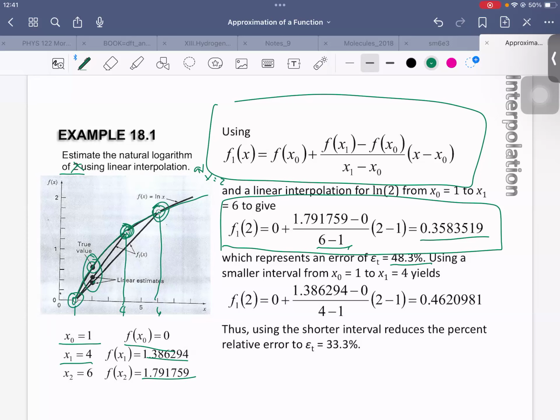Now if you use like 4 to 1, so mas maliit, medyo mas tataas yung estimate mo na value. So you have 0.46, which is about 33%. So medyo malaki pa rin yung error. So that means if you want a better estimate, kailangan mo pang mas bumaba dito. So let's say 3 or 2.5 hanggang mas malapit. Okay? So that's it for the sample of interpolation. Okay?